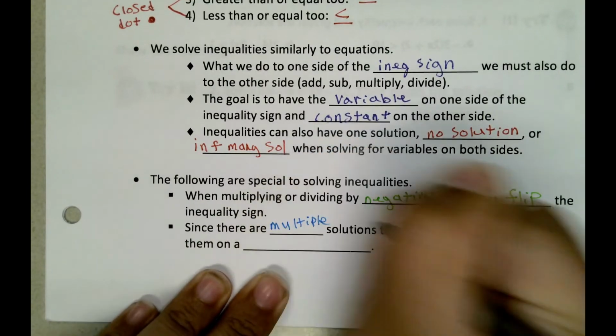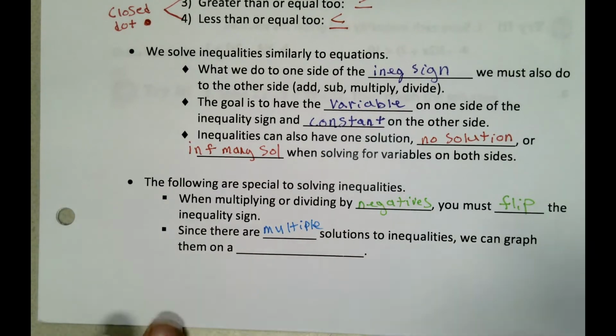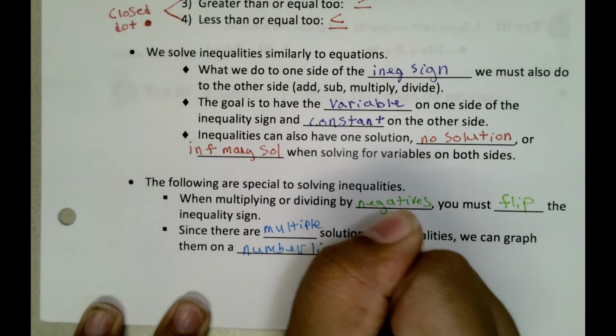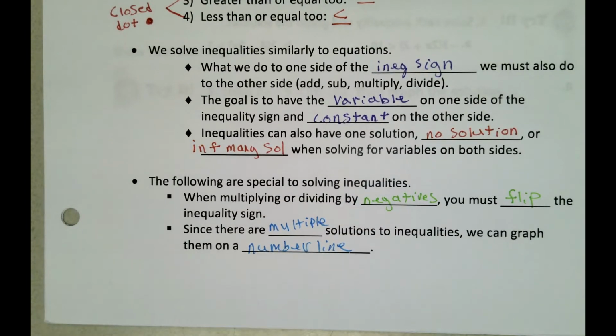At this point, we're going to divide by a negative 6. And we're going to get x is greater than or equal to. Oh, wait, no. We have to flip our sign because we divided by a negative. So flip our sign and we get negative 2.